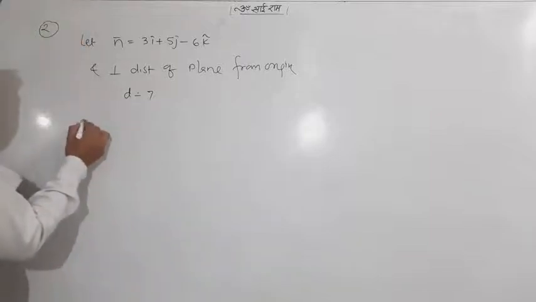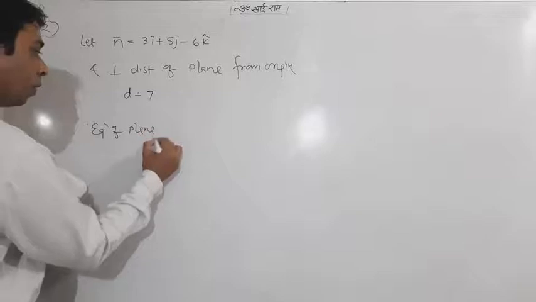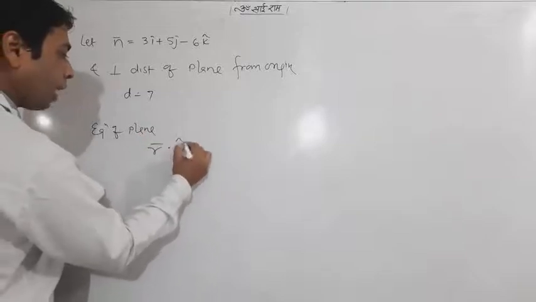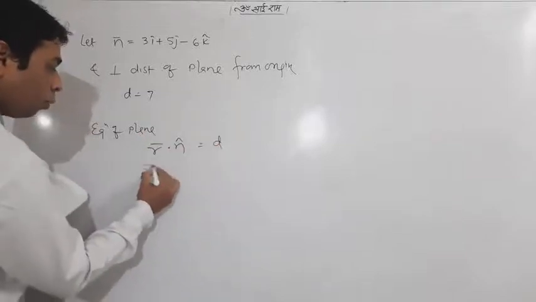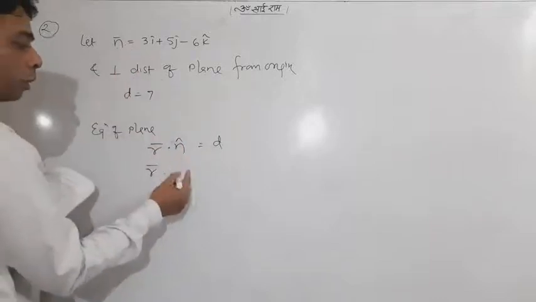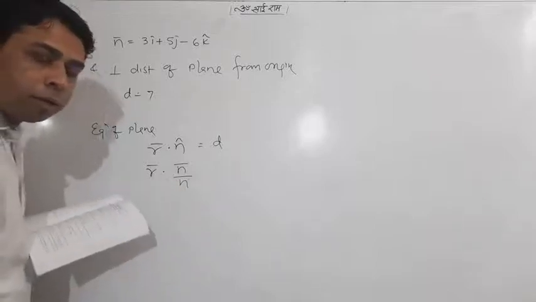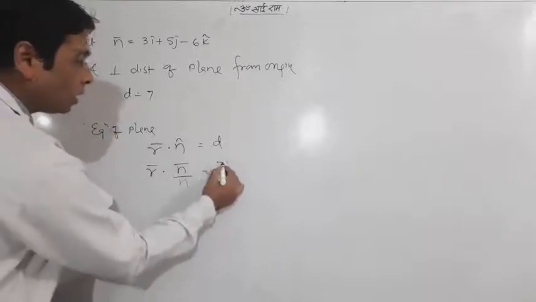So we can go with the equation of the plane r dot n cap equal to d. So what is n cap? N cap is not given. The meaning of n cap is vector n upon mod n, and d is 7.